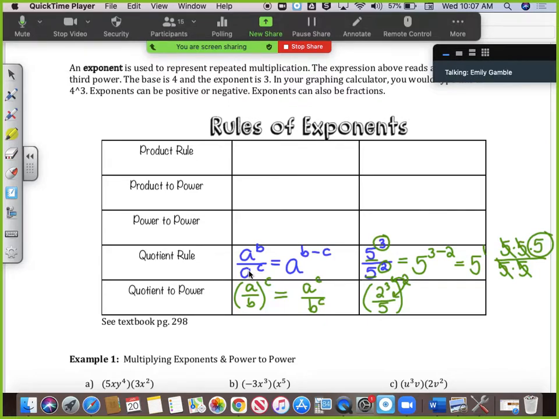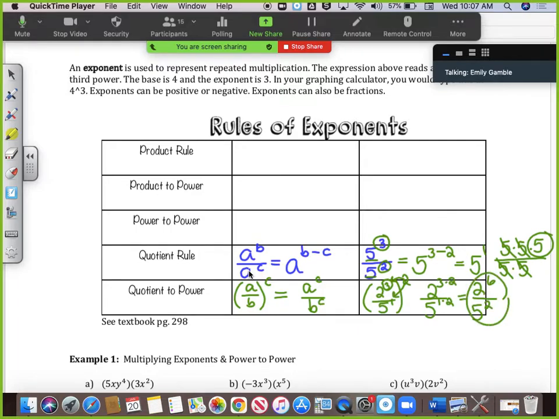So 2 to the third power already has an exponent of 3 here. When we distribute the new exponent 2 to the current 3, it's done through multiplication. So it's like multiplying 3 times 2, that's the same thing as 2 to the 6th power. The denominator 5 has an invisible power of 1 right now, and 1 times 2 is 2, so this would turn into 5 to the second power.